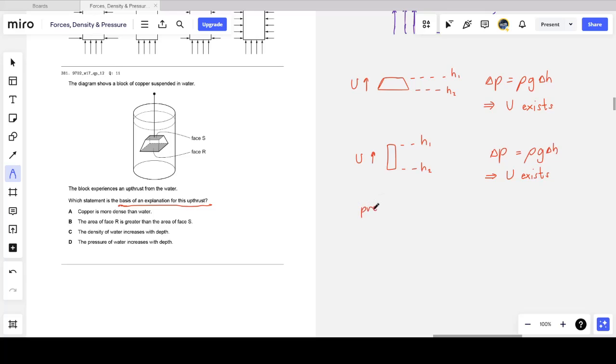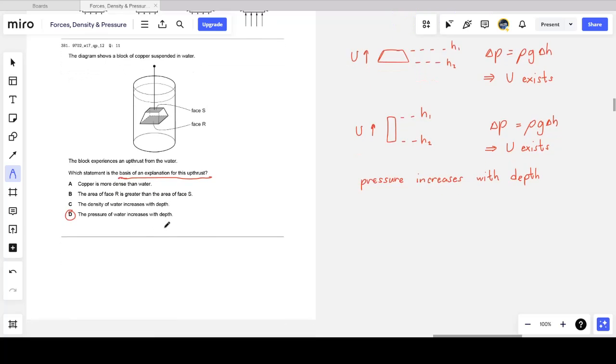And so the origin of this upthrust is because the pressure increases with the depth. And so the very fact that we have two surfaces, one at a greater depth than the other, there'll be an upthrust, and this corresponds with option D. So remember, if you know your definition of upthrust, then this wouldn't really be a difficult problem.